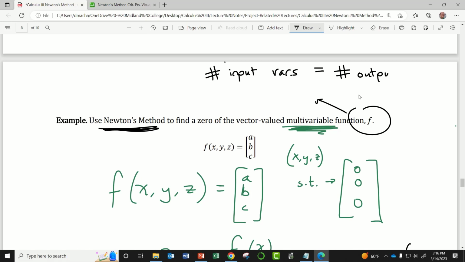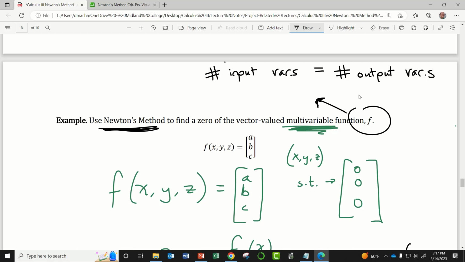If you had a different number of input and output variables, that would result in a Jacobian matrix that is not square and therefore not invertible, and therefore we can't use this multivariable Newton's method.